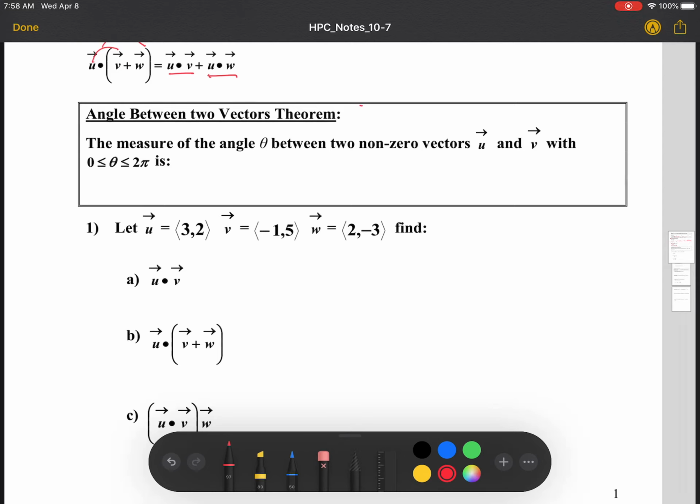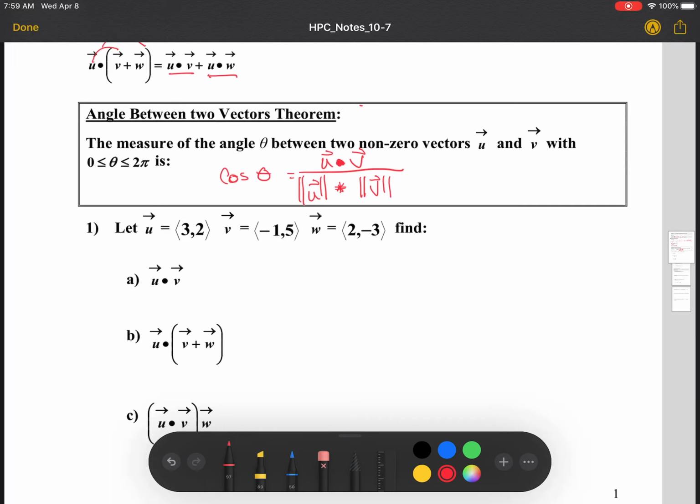The measure of the angle theta between two non-zero vectors u and v, with 0 less than or equal to theta less than or equal to 2 pi, is: cosine theta equals the dot product u dot v all over the norm of u times the norm of v.